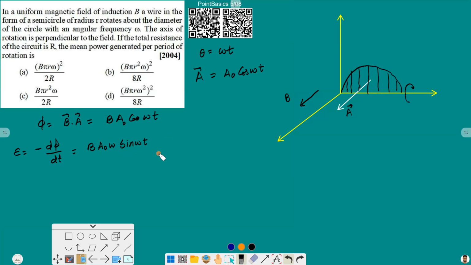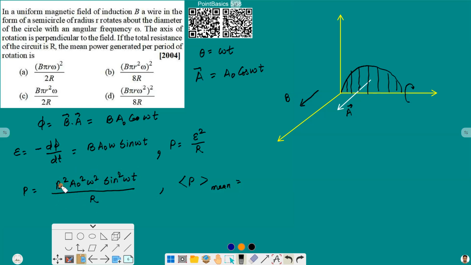And now power will be induced EMF squared by resistance of the circuit. So power will become B square A naught square omega square sine square omega t divided by R. And as we have to find out mean power per rotation, meaning in one rotation we have to find the mean power, mean power will be equal to the mean value of this whole expression.